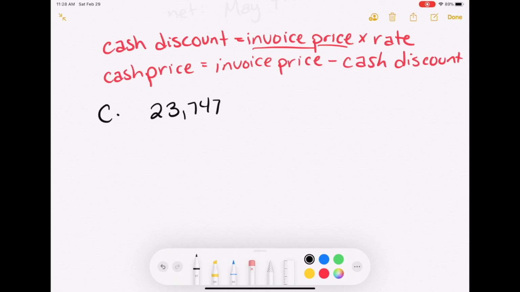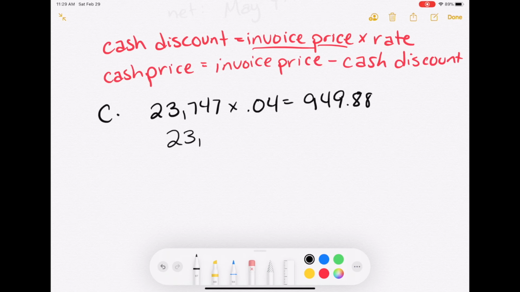So we'll take 23,747 times 0.04 to get our discount. I get a discount of $949.88. Totally worth paying in the first 5 days to get that big of a discount.